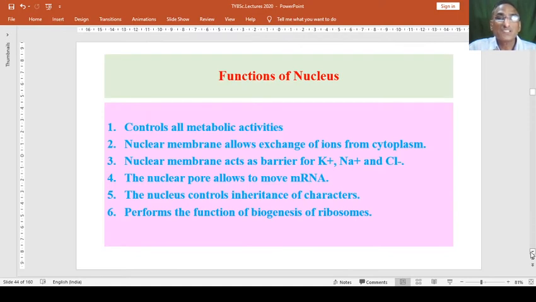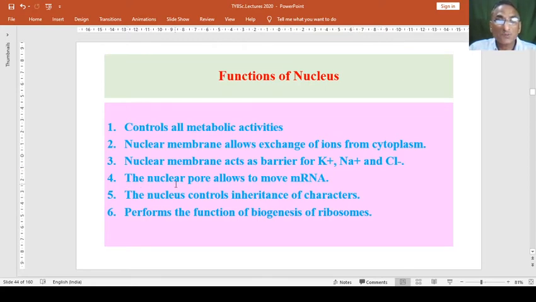Now the functions of the nucleus. The role of the nucleus is generally the controlling mechanism. So what does it control? First, it controls all metabolic activities. The nuclear membrane allows the exchange of ions with the cytoplasm, and acts as a barrier for potassium, sodium and chloride ions.